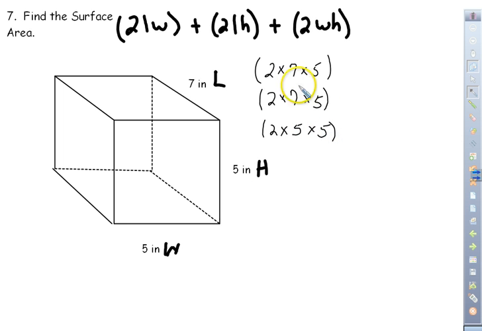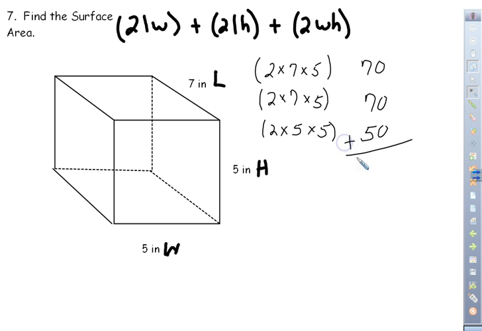Then we're going to multiply these together. 7 times 5 is 35, times 2 more is 70. Same answer for this, 70. And then 5 times 5 is 25, times 2 is 50.